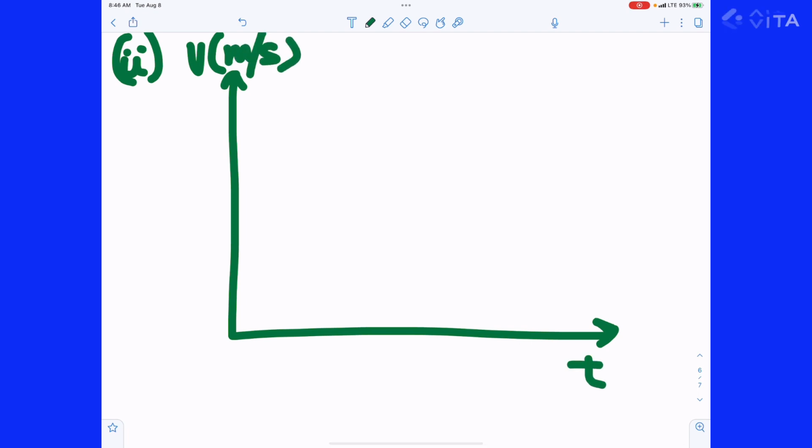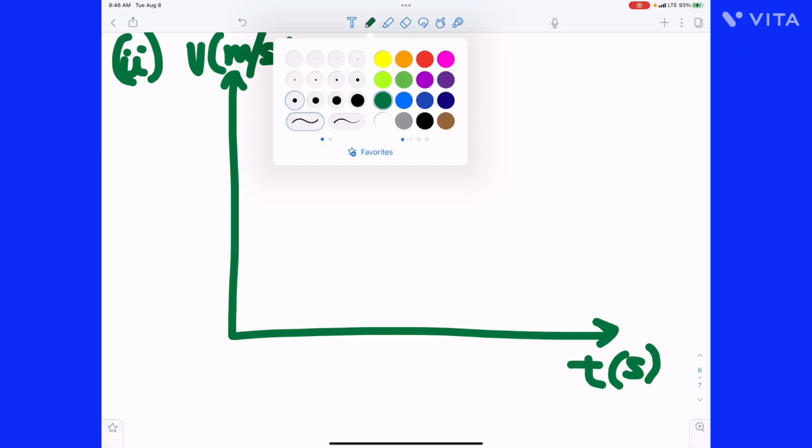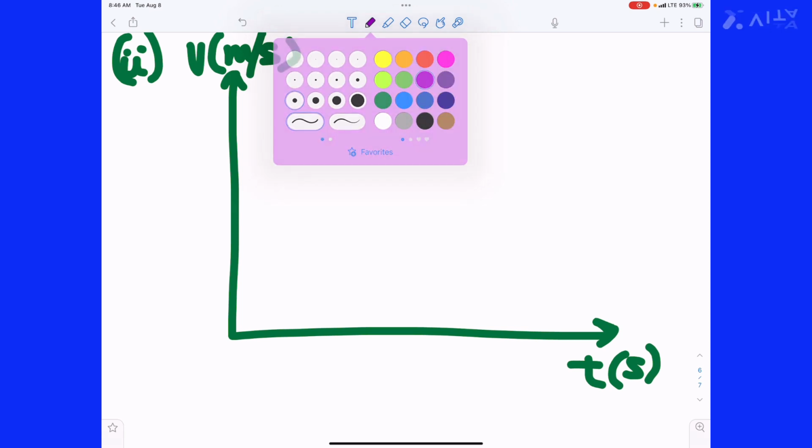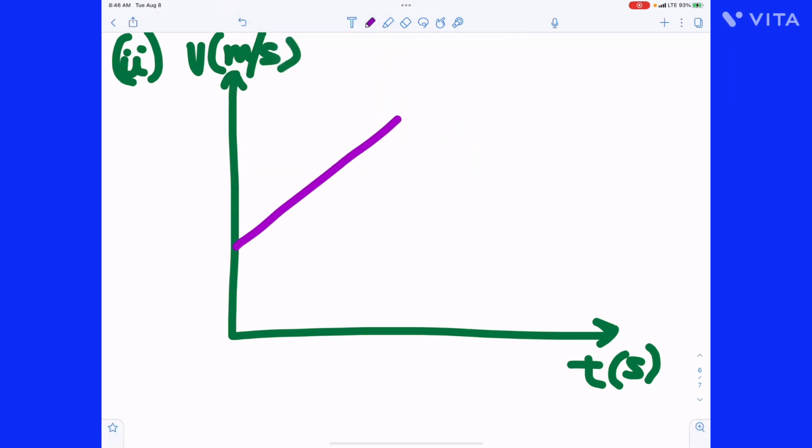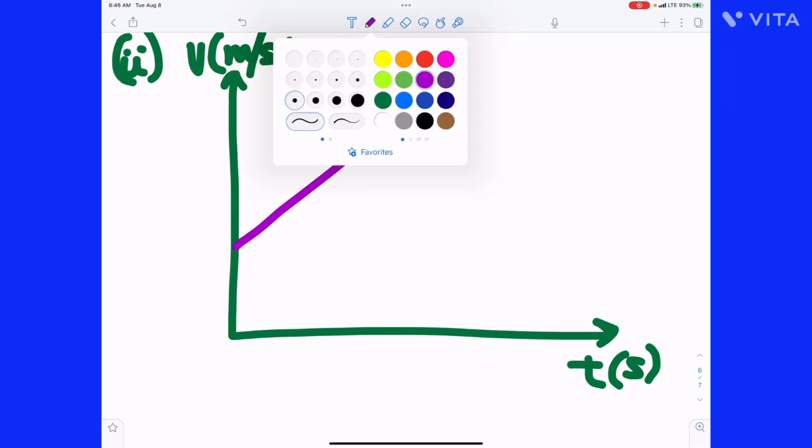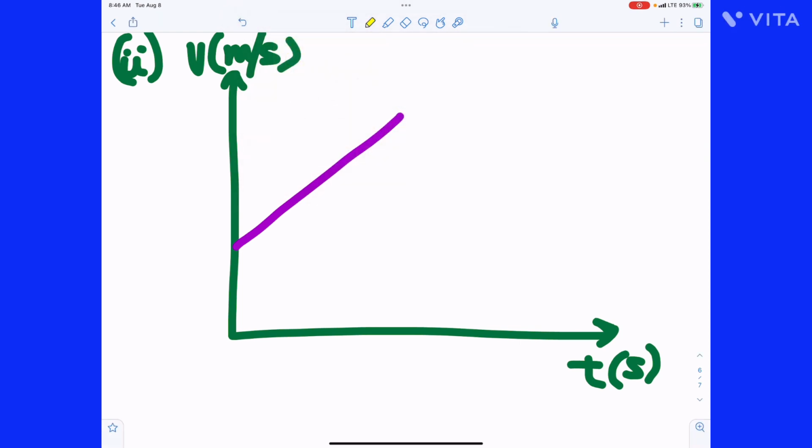Let's say this is time in seconds, and an object starts its motion at initial velocity u and goes to final velocity v in a time t. We can put t here or put it here, any one of the two, but let me leave it in the middle.